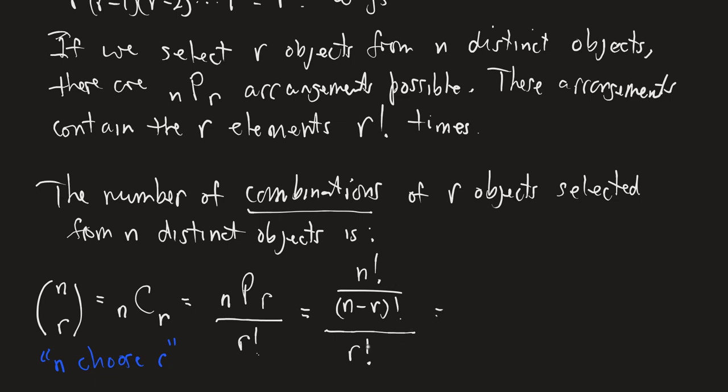The more simplified way to express this is N factorial divided by both N minus R factorial and R factorial. So this is our formula for the number of combinations of R elements out of N distinct elements.